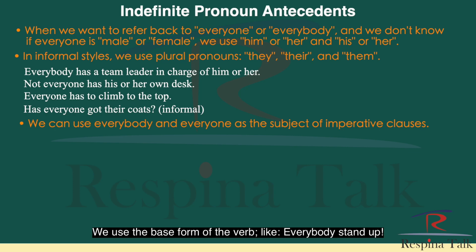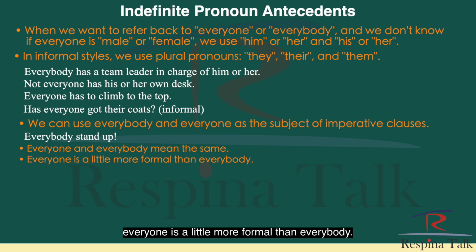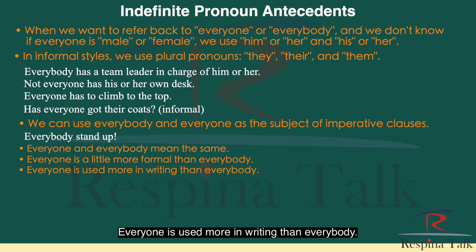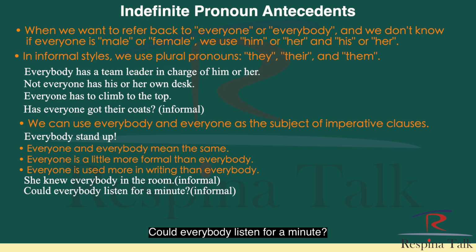We use the base form of the verb, like, everybody stand up. Now keep in mind that everyone and everybody mean the same. Everyone is a little more formal than everybody. Everyone is used more in writing than everybody. For example, she knew everybody in the room. Could everybody listen for a minute?